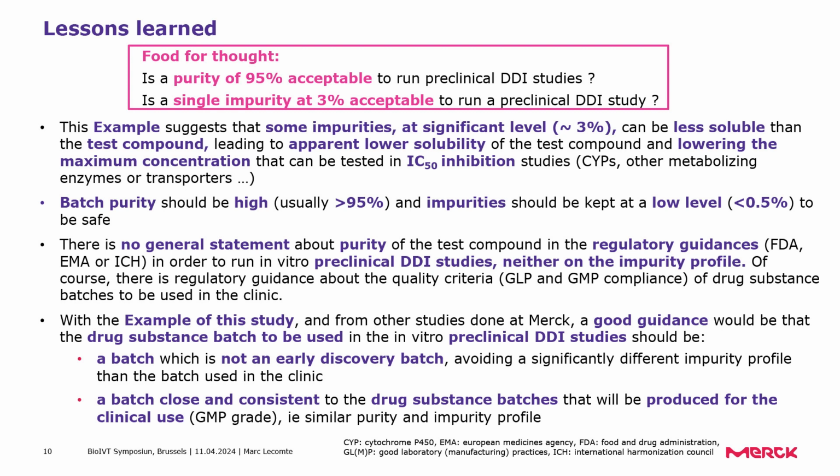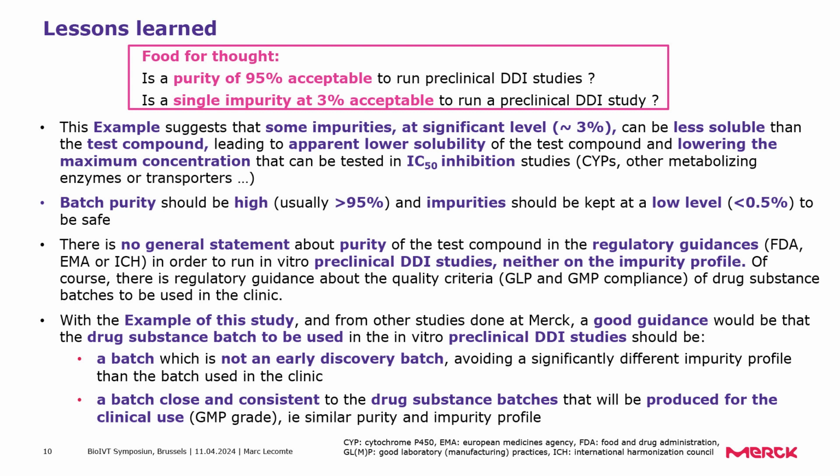So the lessons learned are the following. First, you can ask the question: is a purity of 95% acceptable or not to run preclinical in vitro studies? Is a single impurity of 1% or higher acceptable? Is there any guidance on this?